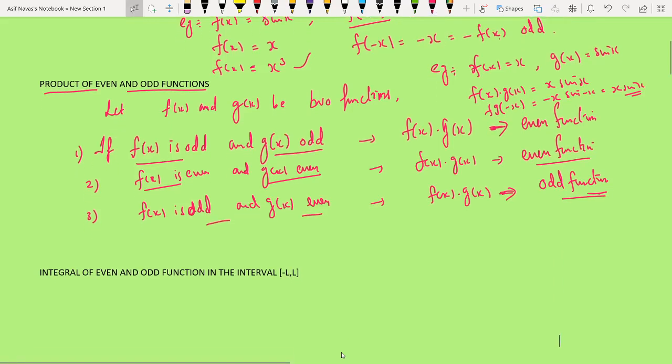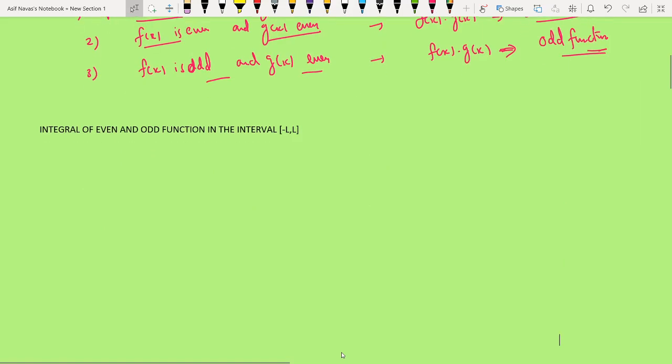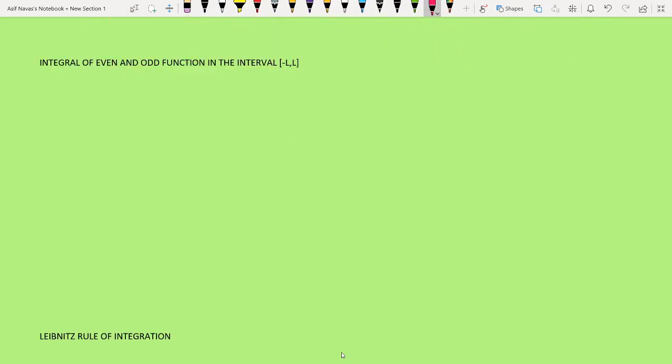Now there is an important thing: the integral of even and odd functions in the interval minus L to L. Suppose f of x is an even function.